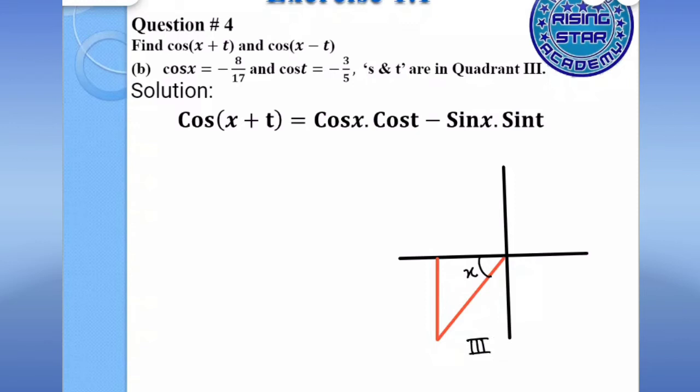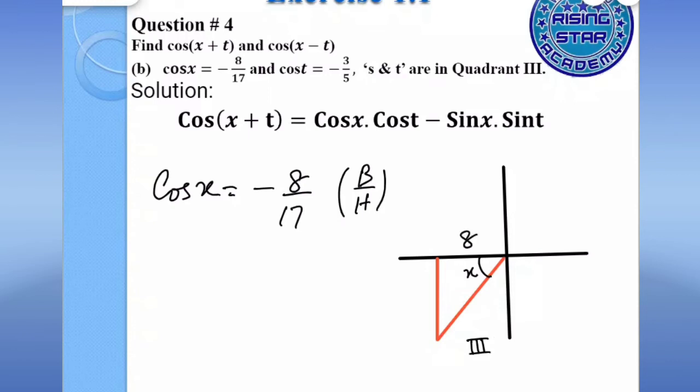First of all, we have cos x. So cos x is equal to minus 8 by 17. So that is basically base over hypotenuse. So our base is 8, this is our perpendicular value, and hypotenuse is 17. Again, I would use the Pythagoras theorem to find the value of perpendicular. So here is our formula.